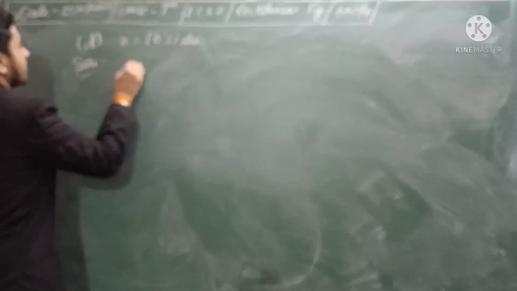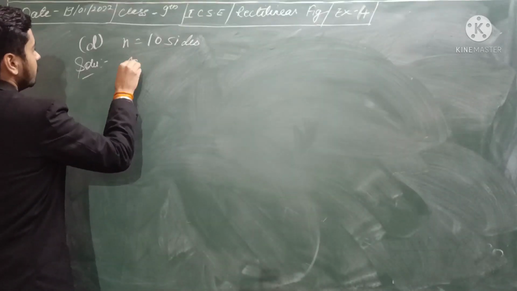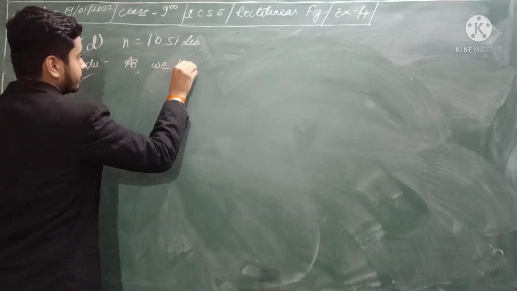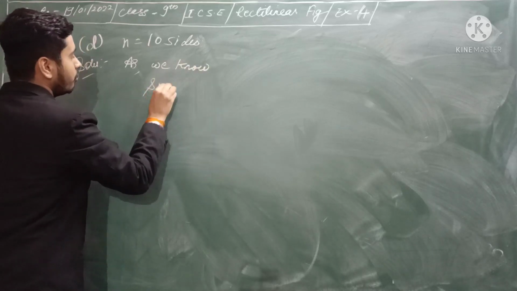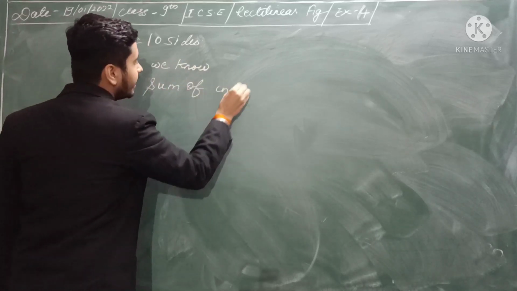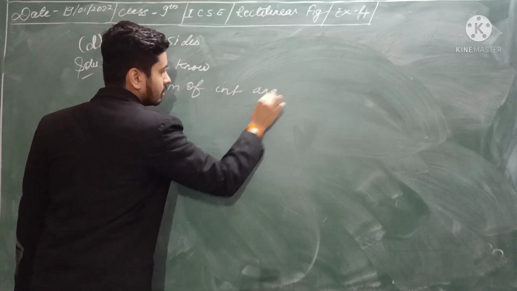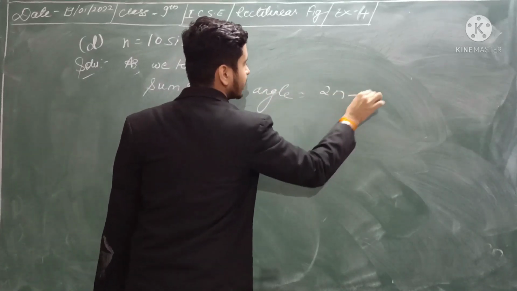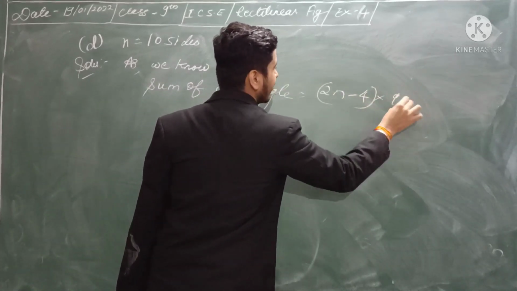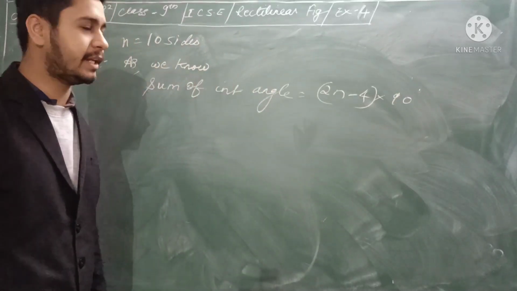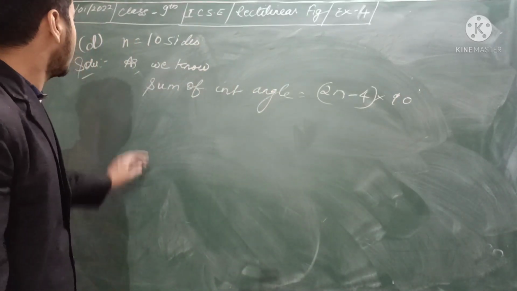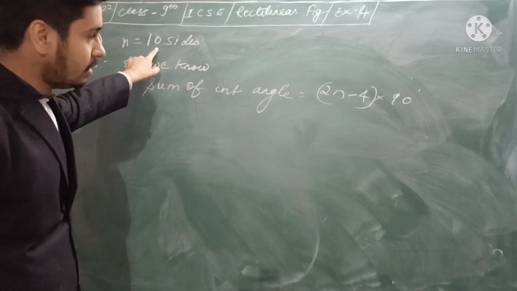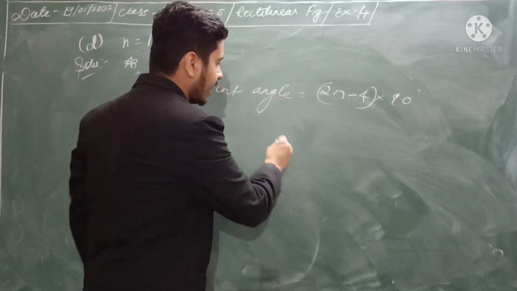Let's start with, as we know, the sum of interior angles formula, just now we have seen, is (2n minus 4) times 90 degrees, right? So here we are given n, we only need to place the value of n here.